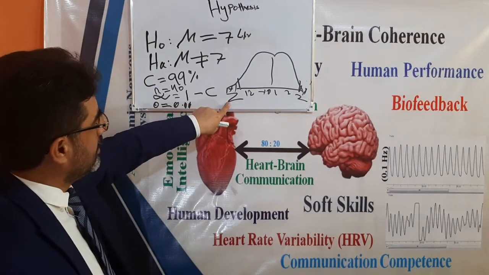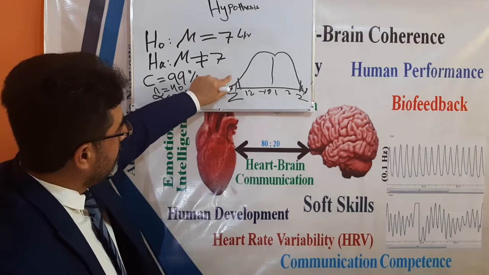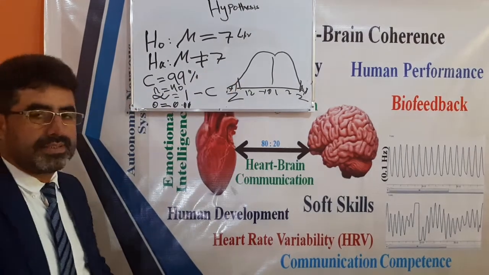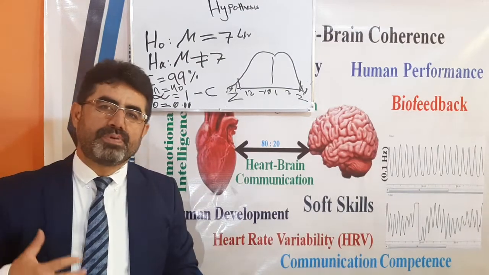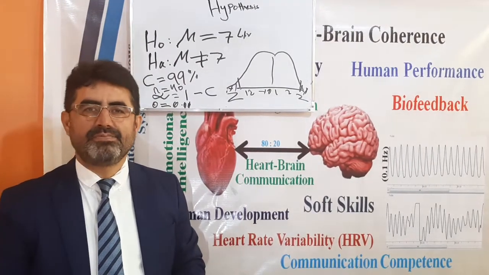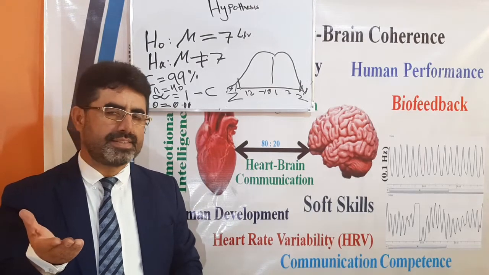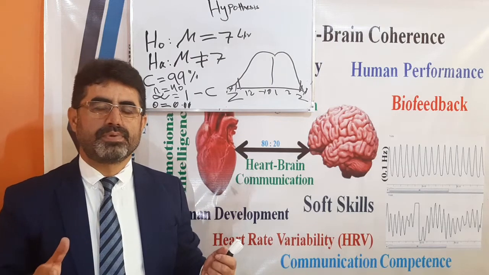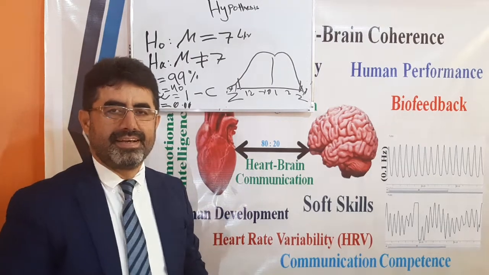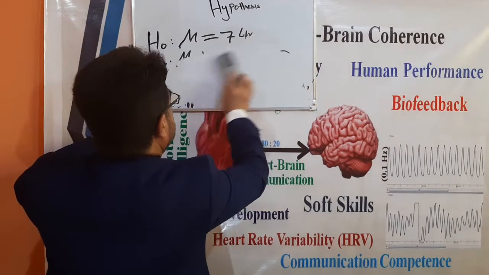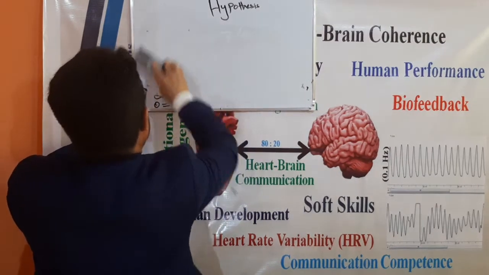It is the area of z value, or the rejection area, and this is the mean value based on the norms. If the number of participants is below 30, we use the t-test. If above 30, we use the z-test, and also if we focus on proportion or percentage, we use p-value testing.